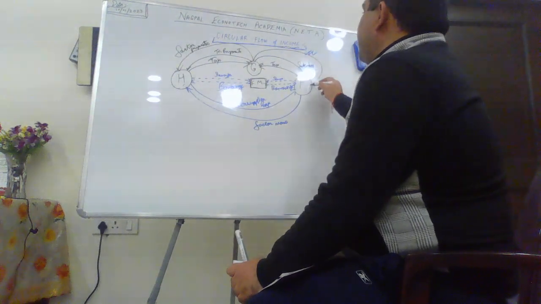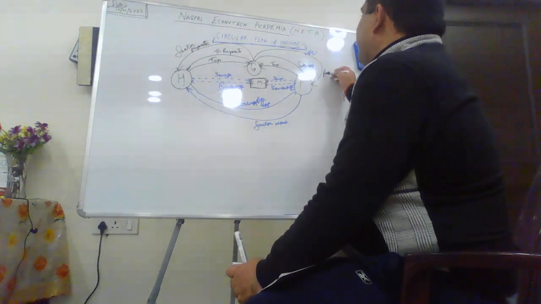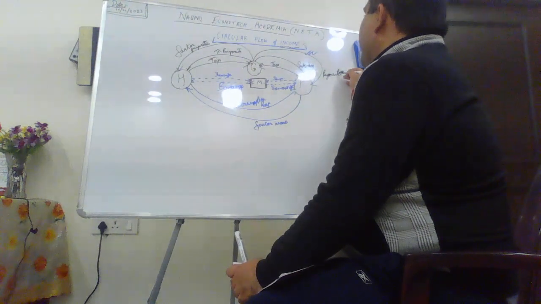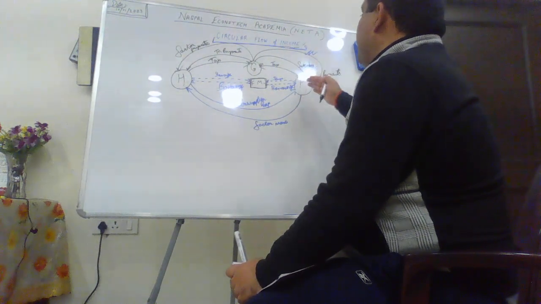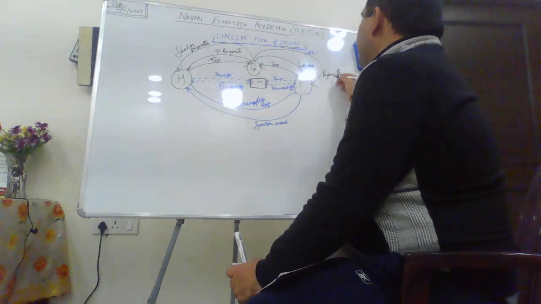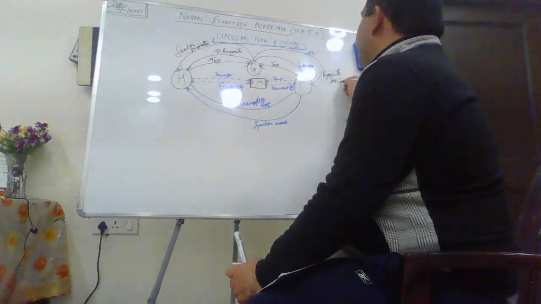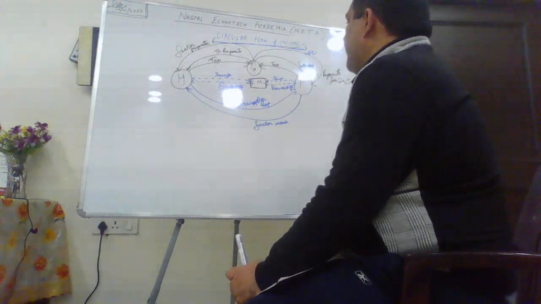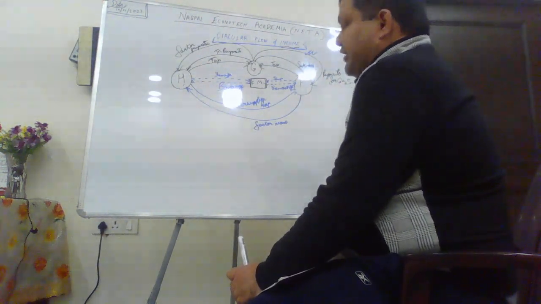Similarly, the government sector has to make the payments to the firm sector for the goods and services consumed from the firms. So the payments for the goods and services are the expenditure incurred by the government sector to the firm sector, right?